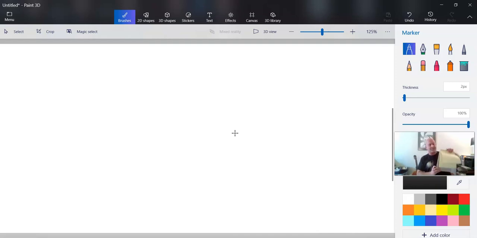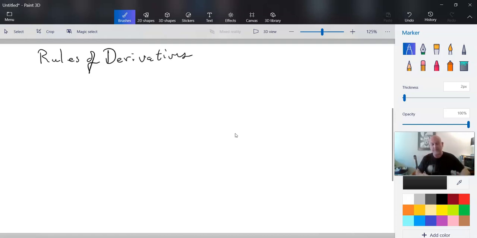So, rules of derivatives. Now, when I'm describing the rules, it's actually easier to use the d/dx notation, but not for everything. So I'm going to be mixing up the notations a little bit depending on what makes sense.